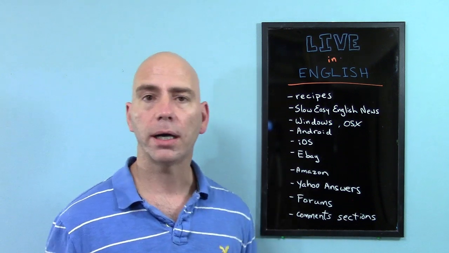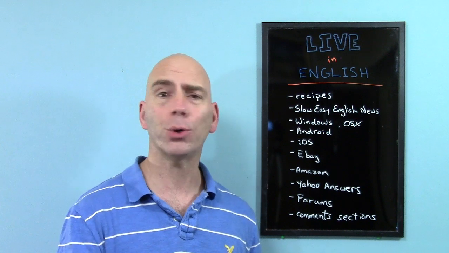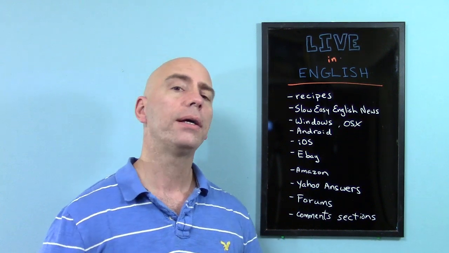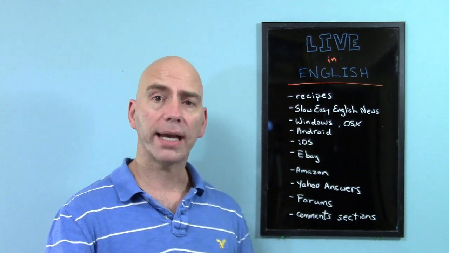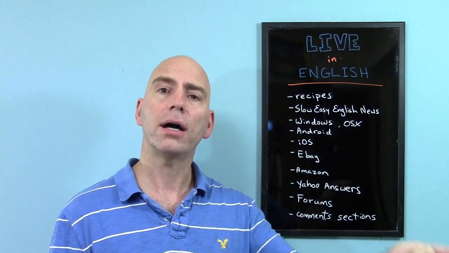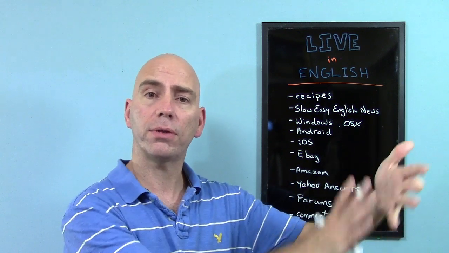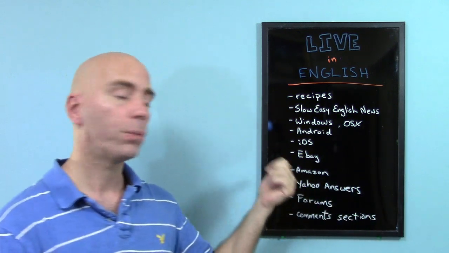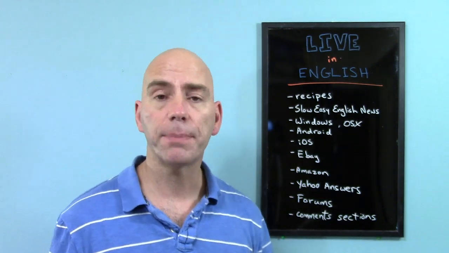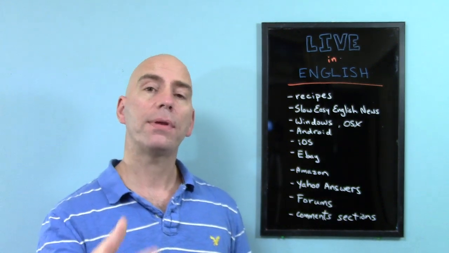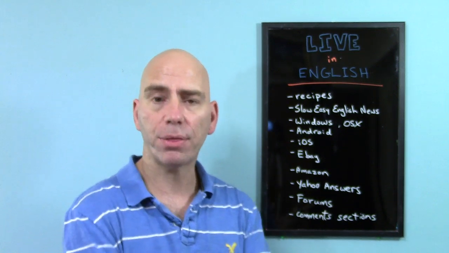Amazon. It's a large bookseller online, but they don't only sell books. Now they sell all kinds of items. Again, in the last video, I talked about going to store websites to learn the vocabulary. Well, with Amazon and eBay, it's the same type of thing, except that you can use the website to actually buy things.